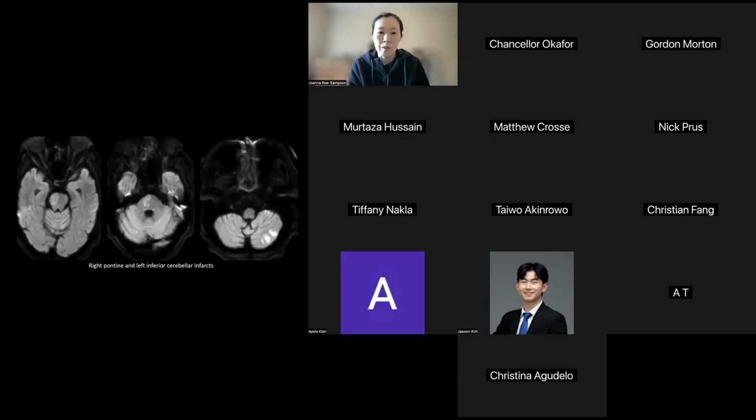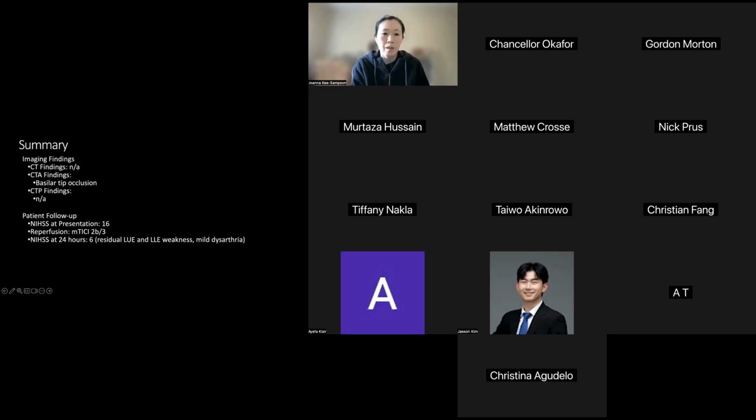So this patient had some residual, post-thrombectomy MRI was done, and there were some areas of completed infarct in the pons and in the left cerebellum. But her NIH stroke scale score at 24 hours was much improved compared with presentation.